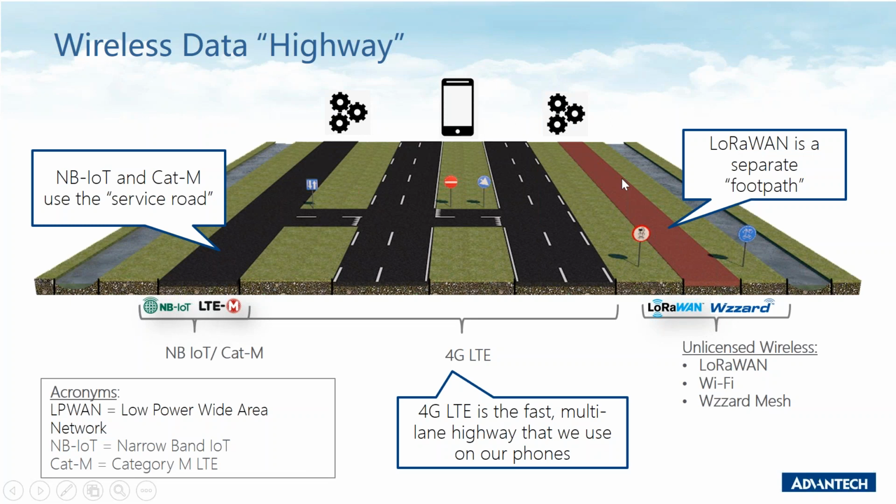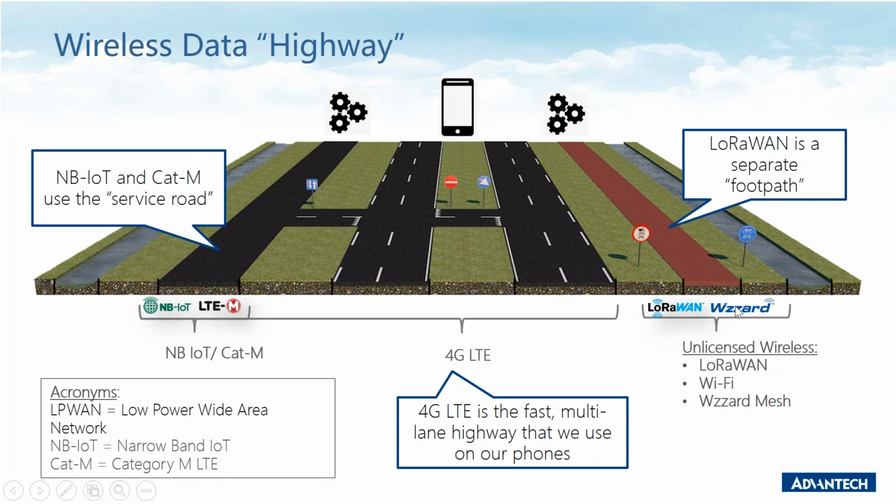Now, on the other hand, there's technology that is not owned and operated by cellular carriers. I think of it like a footpath or a bike path on the side of the highway. It's not owned by the DOT necessarily, or the carriers, but it's still used for communication. So LoRaWAN, Wi-Fi, different meshing technologies, including Advantech's Wzzard Mesh, they all fit into that part of the analogy, if you will.